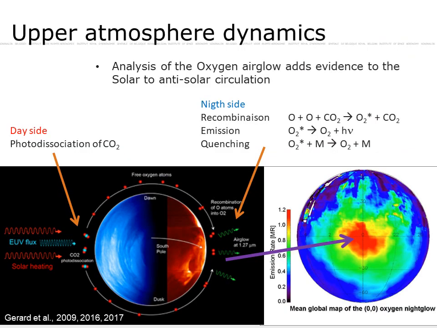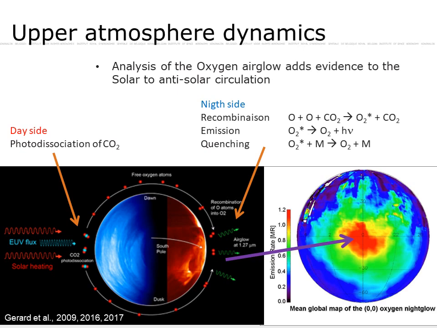In this first example, we show how measurement of one atmospheric species could infer atmospheric circulation that was hypothesized on Venus. At high altitude, the circulation is driven by the sun illumination going from the day side to the night side. CO2 is photodissociated on the day side by UV radiation.